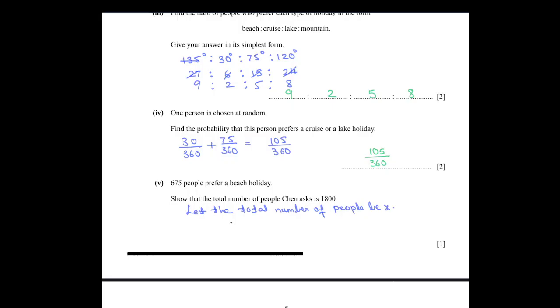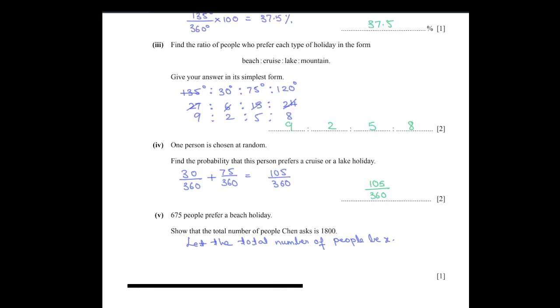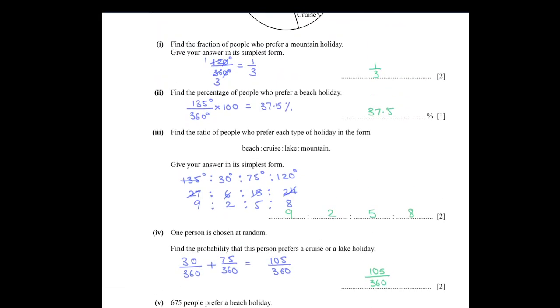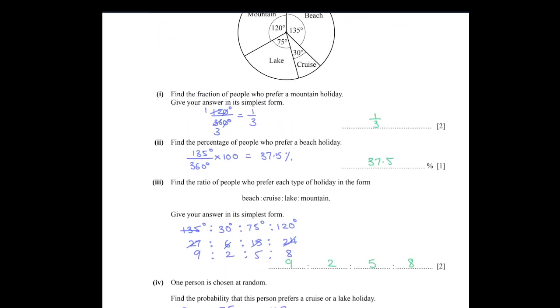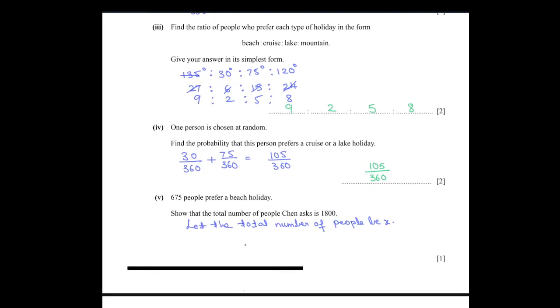So here 675 people prefer a beach holiday. Okay, so beach was 135. So 135 by 360 into x is 675.